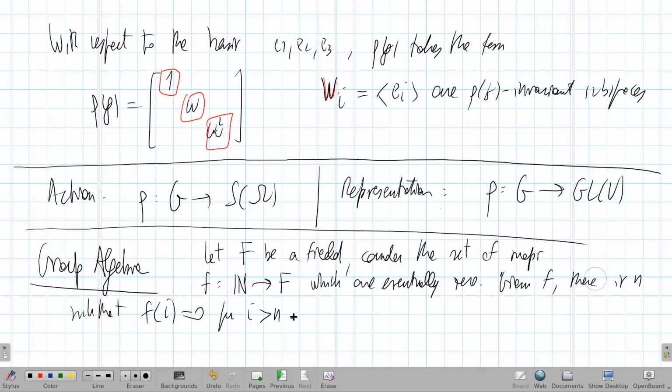So not all maps from the naturals to F, but those that vanish after a certain number. This number can depend on f.